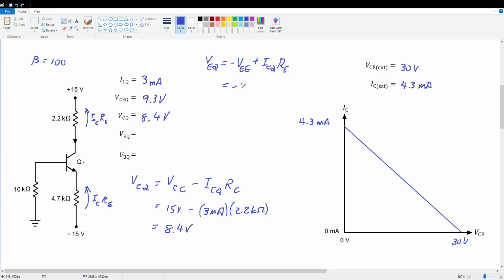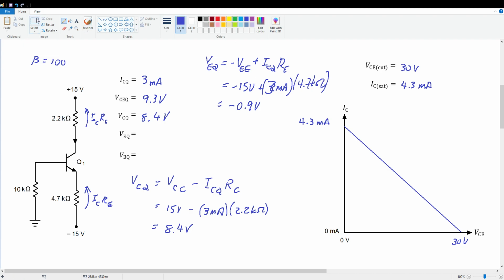And we get minus 15 volts plus, I'm sorry, 3 milliamps times 4.7K. And if we crunch through those numbers, 3 mils times 4.7K, we get minus 0.9 volts.